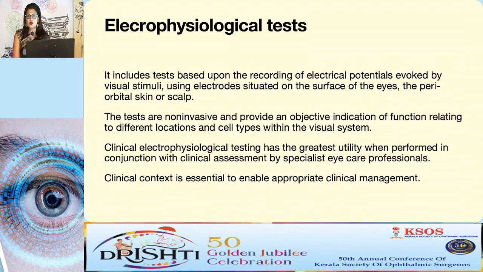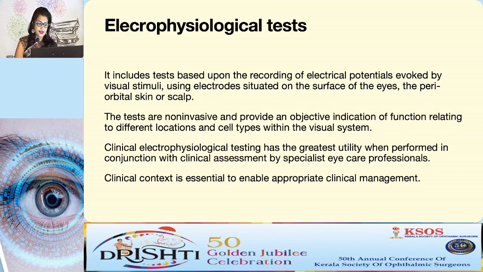The electrophysiological test, as you know, is based upon the recording of electrical potentials evoked by visual stimuli, with the electrode situated either on the surface of the eyes, the periorbital skin, or the scalp. They are non-invasive, and the important thing is they give, just like the visual fields, a function-related indication.